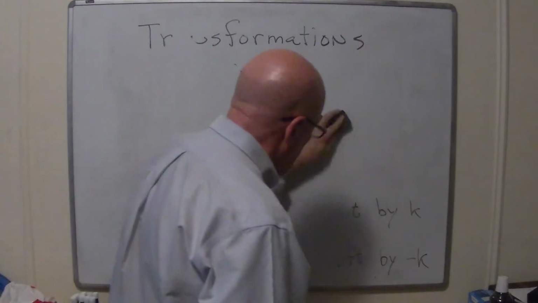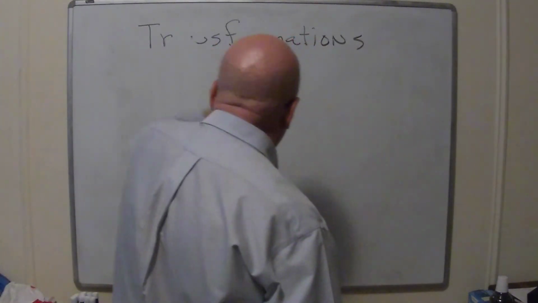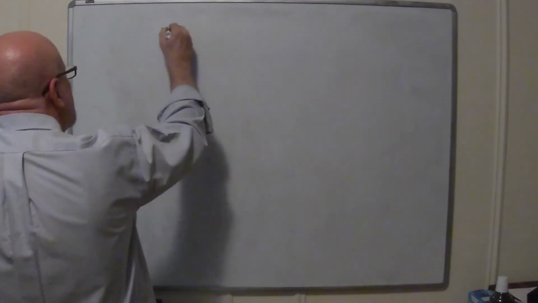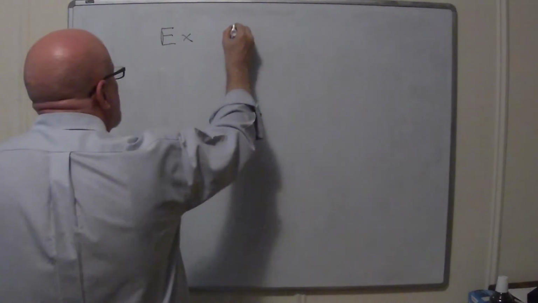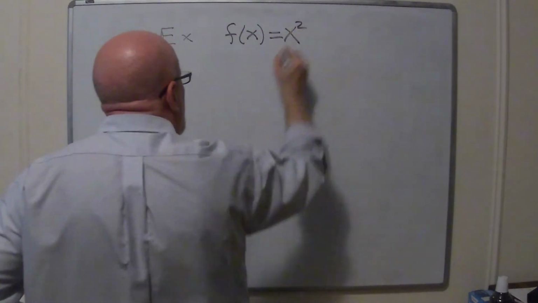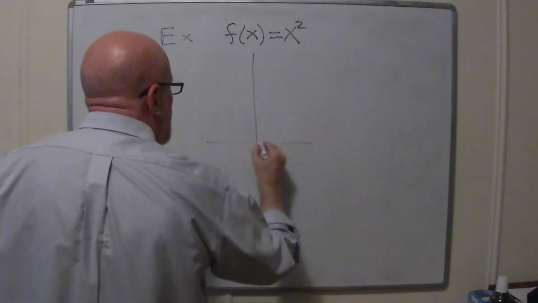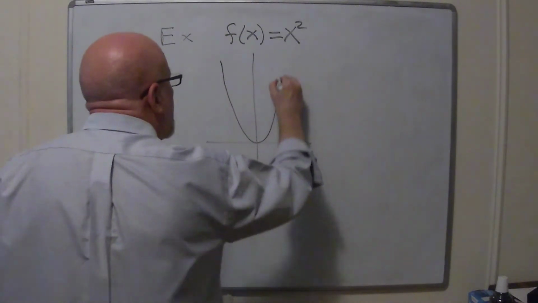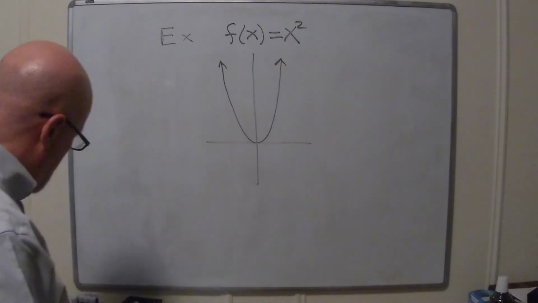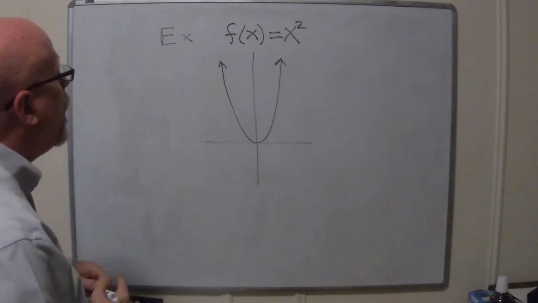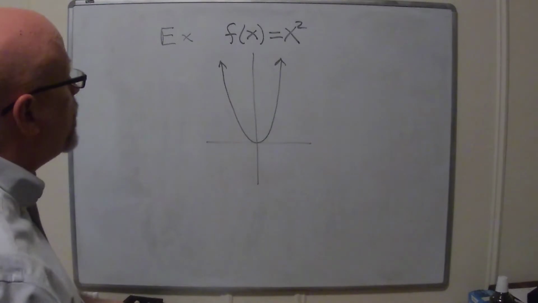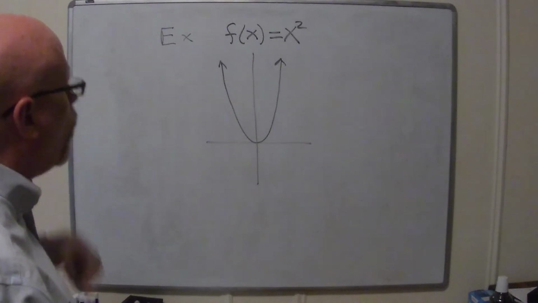Let's do one. Let's do a simple one. Suppose f of x equals x squared, which I think we all know the graph of that looks like a kind of a U. It's parabola shape, it's known as. What happens if we make an outside change by adding a 1 on the end?